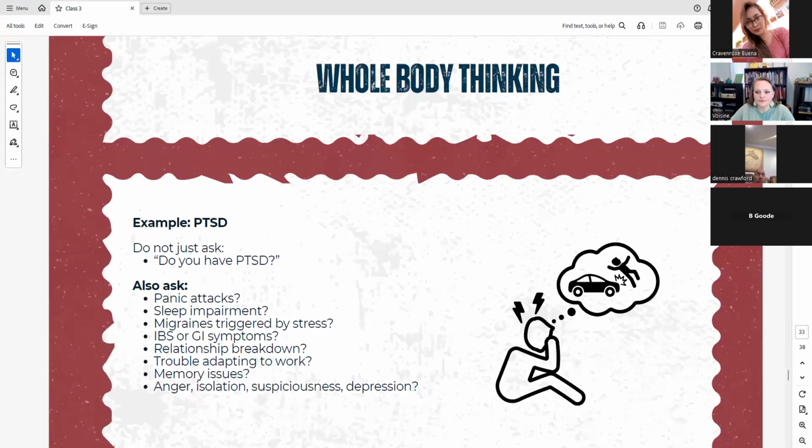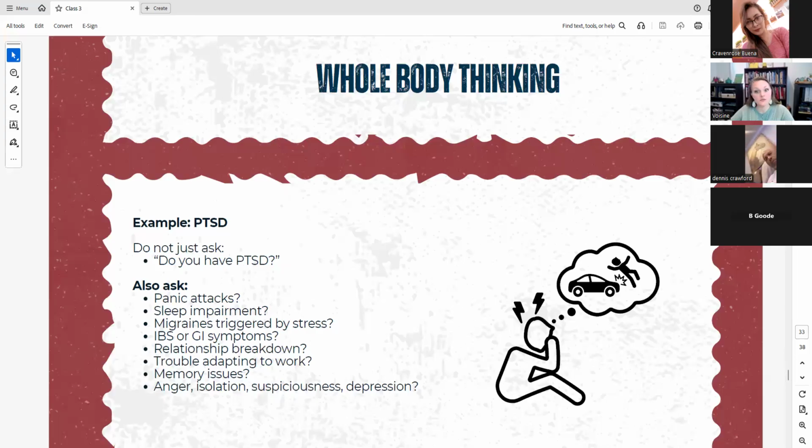Example, PTSD. And PTSD is not just combat, guys and gals. A lot of people think PTSD is for combat veterans only. No, PTSD is post traumatic. Yes, there's combat. There's also MST, which is military sexual trauma. But there's also things like if you're in a car wreck. My daughter was in a house fire.